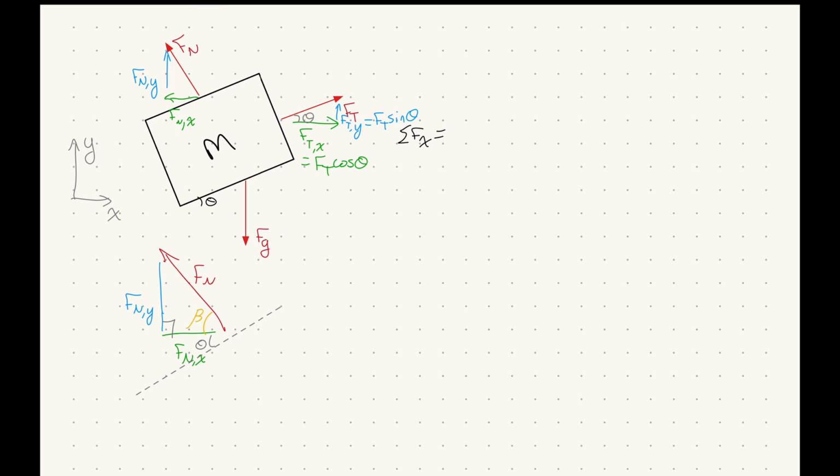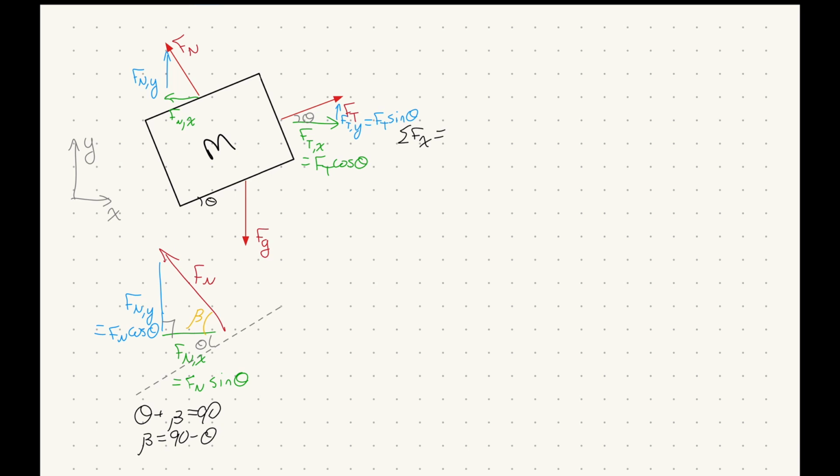And theta plus beta will be equal to 90, which means that beta is equal to 90 minus theta. We can follow all the same steps we did in the previous example, and we'll see that the normal force in the x direction will be equal to the normal force sine theta, and that our normal force in the y direction will be equal to the normal force cosine of theta.